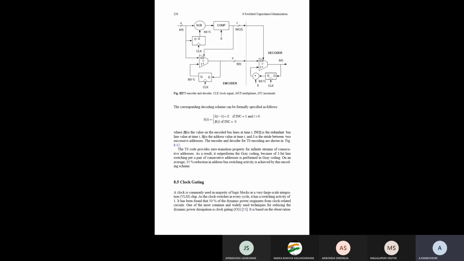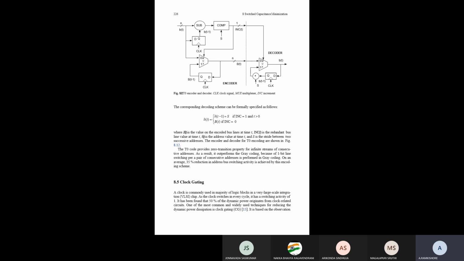To overcome that power dissipation, in the last chapter we discussed various voltage scaling approaches, which provide the most effective techniques to minimize the dynamic power dissipation.